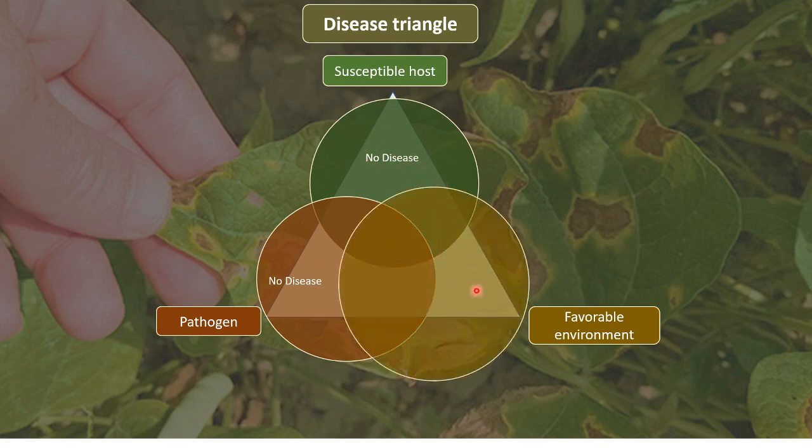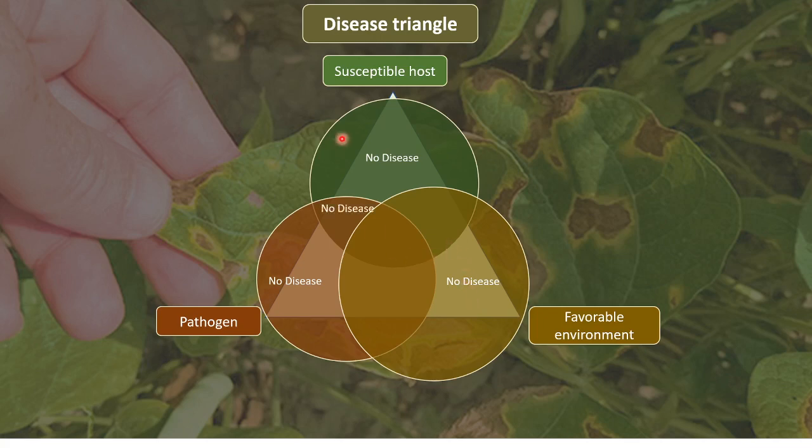And similarly, if there is only a favorable environment, there will also be no disease, right? So this transparent brown part is only pathogen, that is, there will be no disease if only pathogen is present. This transparent green part is only for susceptible host, that means if only susceptible host is present, there will be no disease. Similarly, this light yellow part is showing a favorable environment alone. So if only a favorable environment is present, then also there will be no disease.